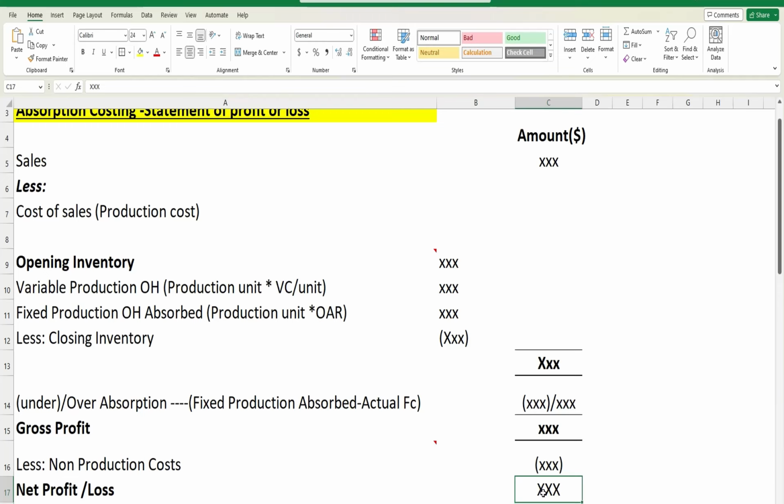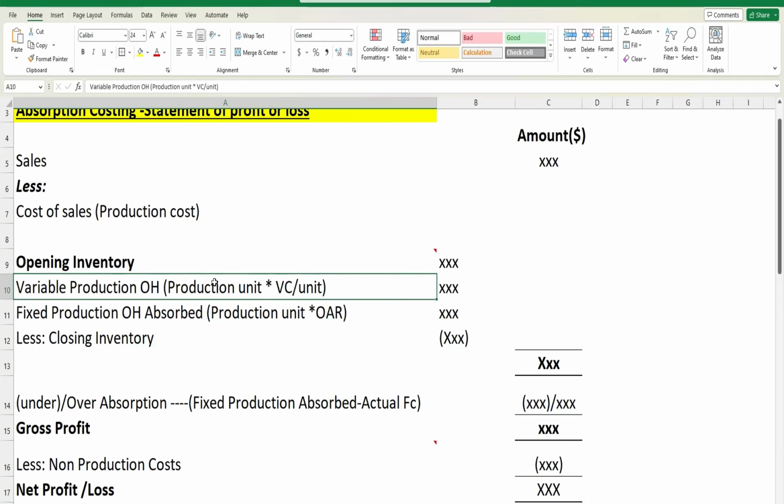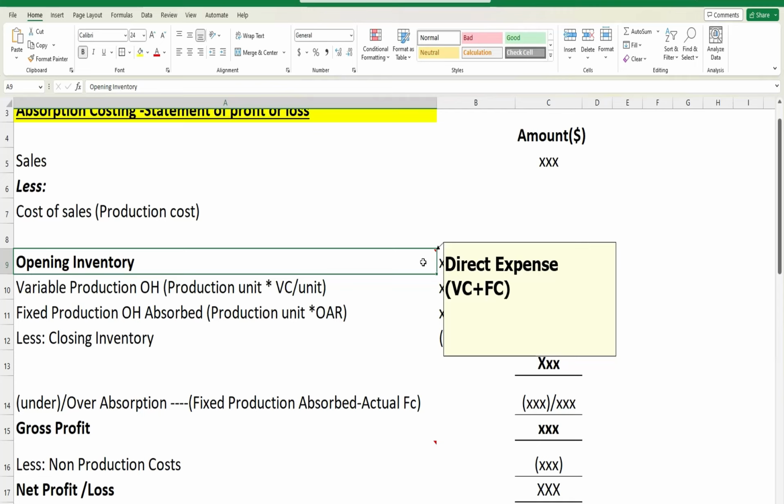You might be seeing a note blinking on my screen. What I mean to say is that the opening inventory, variable production overhead, and fixed production overhead will include all the direct expenses, and will consider both variable cost as well as fixed cost. Basically, in absorption costing, the cost is divided into production and non-production.